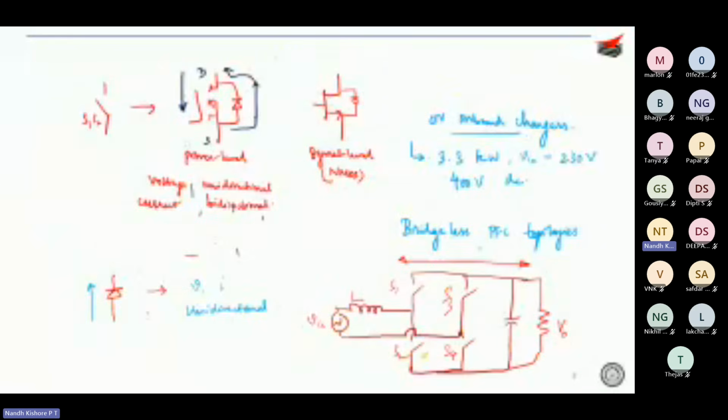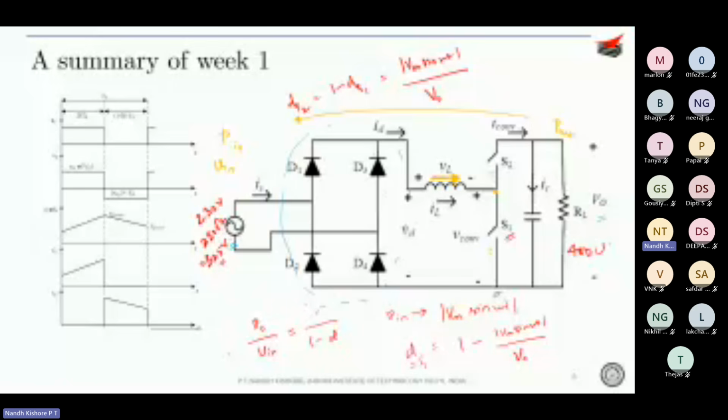See, the point is, this is a diode bridge rectifier, so at the output of the diode bridge rectifier you are getting a pulsating DC, a 2 omega ripple, right? The frequency is 100 hertz. This 100 hertz is eventually carrying forward till the output, correct? But I don't want some 100 hertz ripple appearing over my output voltage, 400 volts. I want the 100 hertz ripple to be as small as possible. I want a flat 400 volt.